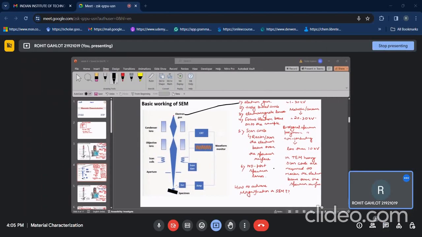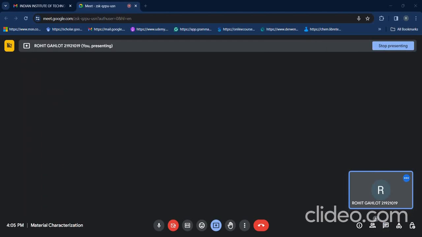After the electron gun, the other parts are the electromagnetic lenses, which can be metallic and ceramic, then the focused electron beam onto the sample at around 20 to 30 kV. Then come the scan coils for the raster scan of the electron beam over the specimen.